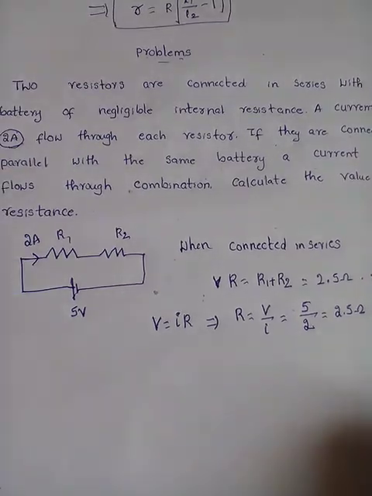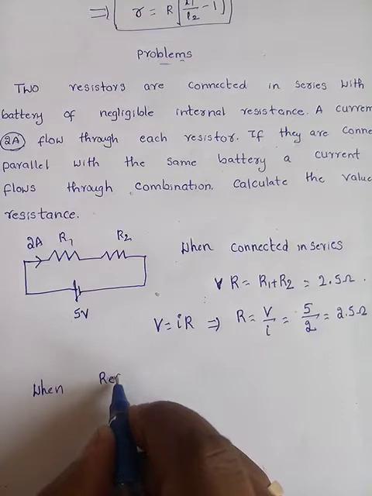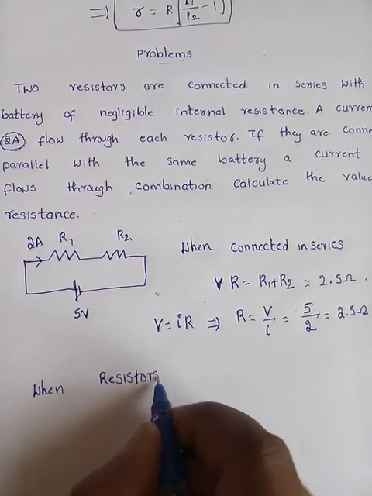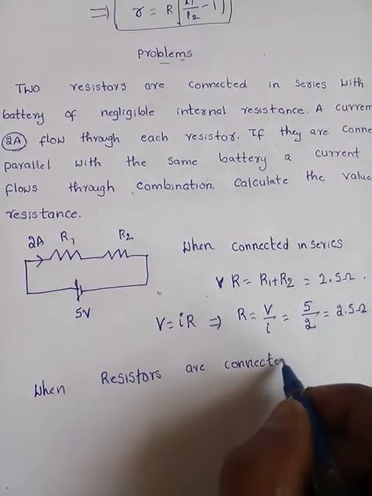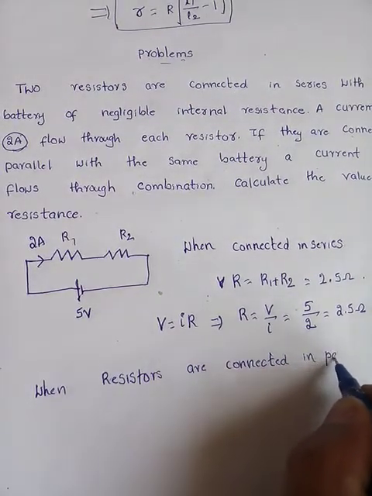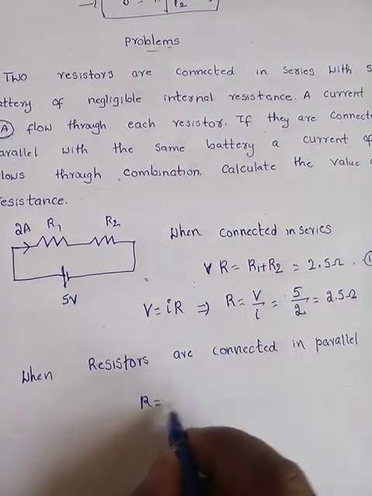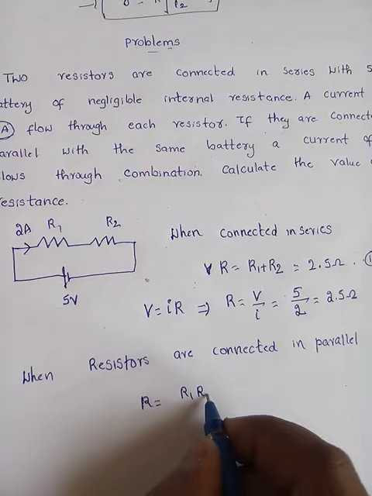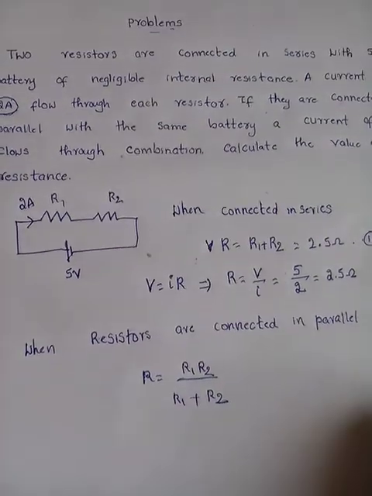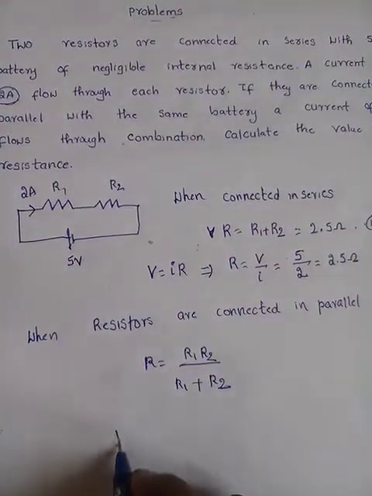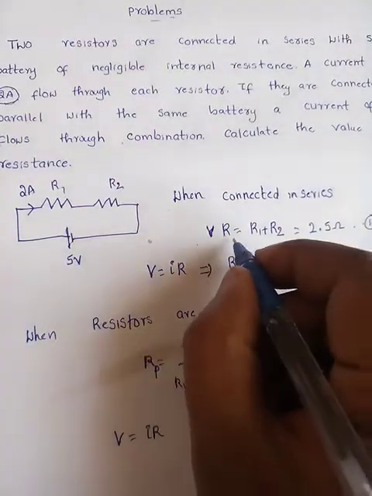Next, the second question. If they are connected in parallel, when resistors are connected in parallel, the effective resistance formula is what? R equals R1 R2 by R1 plus R2. So the same formula, V equals IR, or you can take Rp here and Rs there.